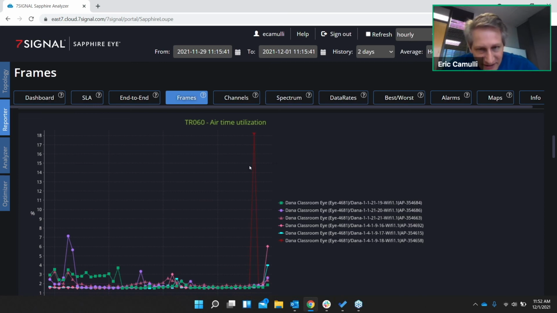Again, you can see the little spike in airtime utilization at the time that we also had an increase in retries in the air. So being able to correlate all of this is going to inform your decisions with regards to how you need to modify your Wi-Fi design in order to overcome the issue that is upon us.